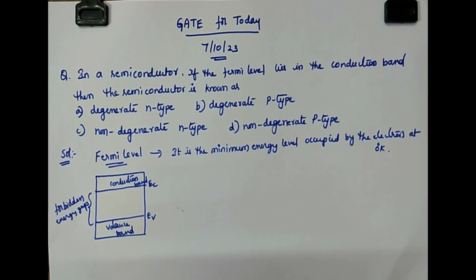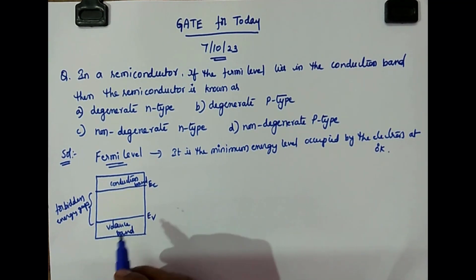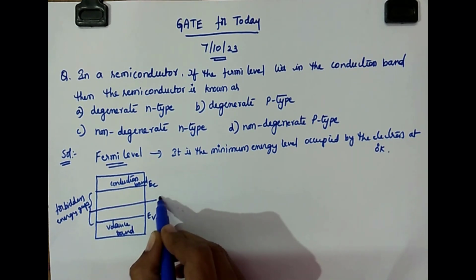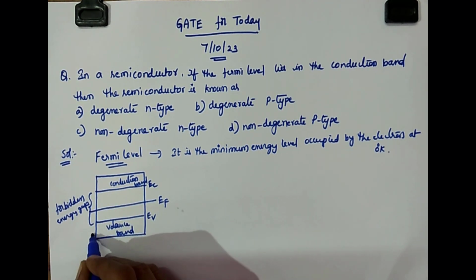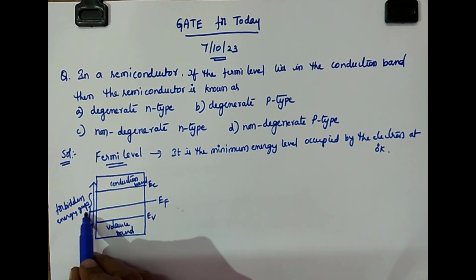I'll explain what the Fermi level actually is. Suppose see this band diagram. Let this Fermi level be like this. This is the Fermi level. And remember, the energy will start from this. This is 0 and the energy will increase like this.